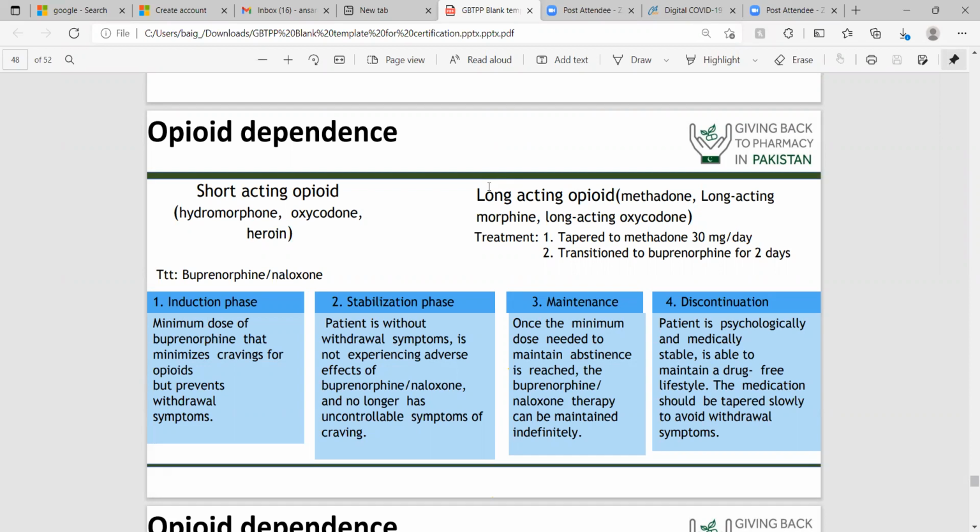Those are for patients on short-acting opioids like Dilaudid, hydromorphone, oxycodone, and heroin. We can treat those patients with Suboxone, again a combination of buprenorphine and naloxone. And if the patient is on a long-acting opioid like methadone or OxyContin, we have to start with methadone 30 milligrams per day.